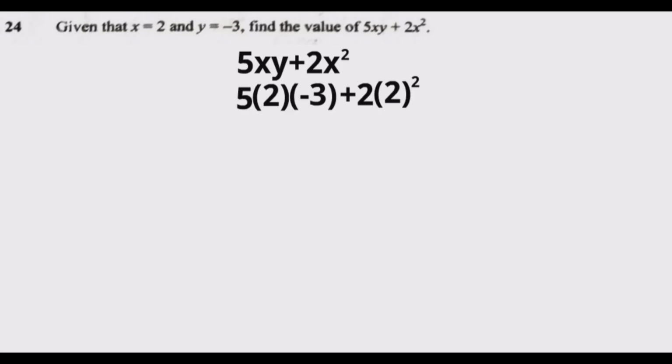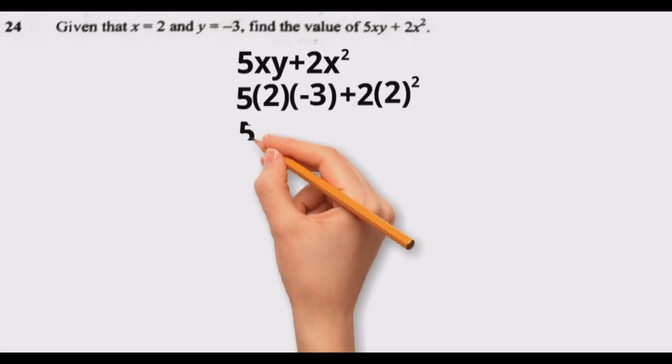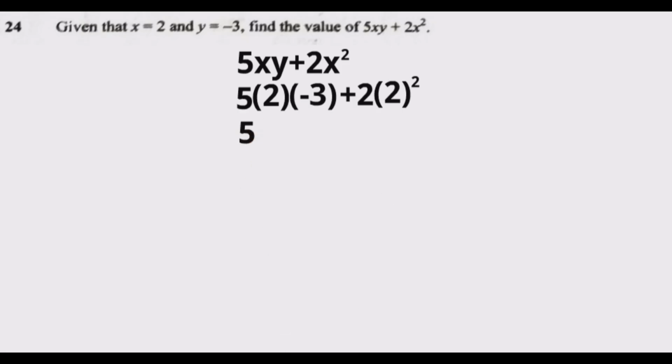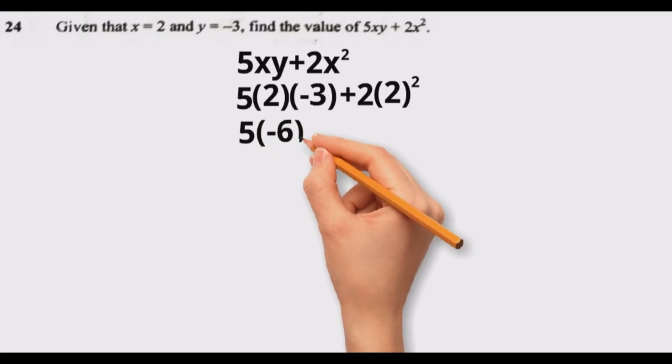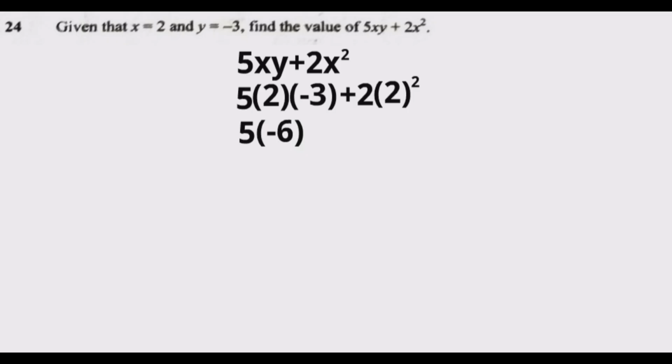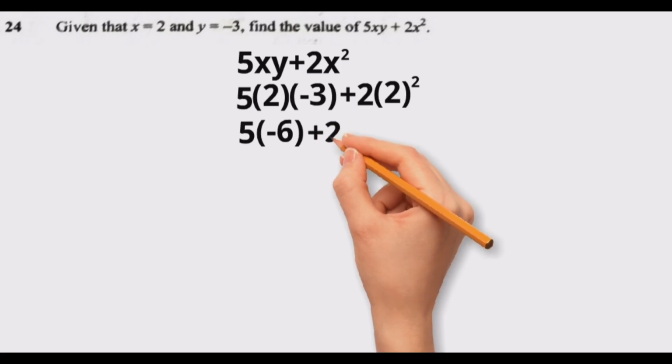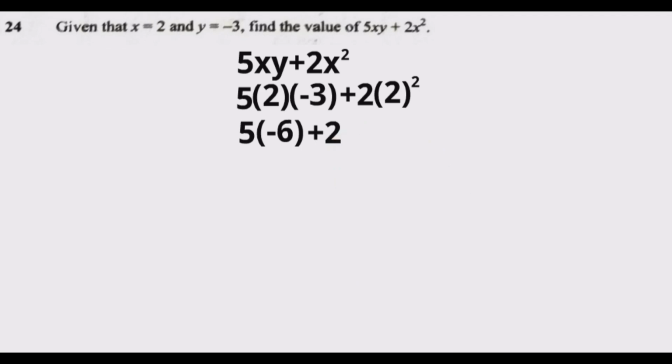Once we have done that, let's work out what is in the brackets. 2 multiplied by negative 3 will give us negative 6, so we have 5 multiplied by negative 6. Then plus, and we expand the second part so that we don't get confused: 2 times 2 squared, where 2 squared is 2 times 2.